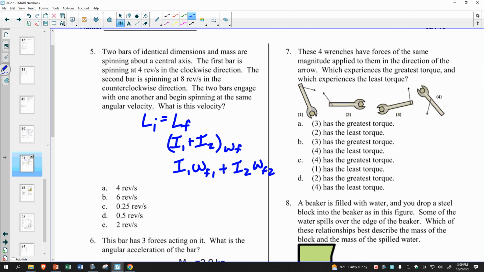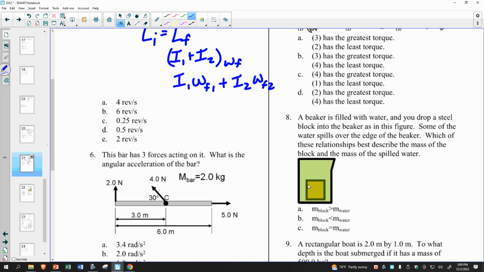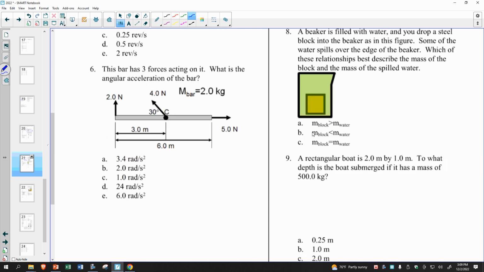Physically, in this problem the two things stick together and rotate at the same rate, but if I don't have them rotate at the same rate, they can have different omegas. That's not a great example, that doesn't usually happen. But number 7, I could give you a different figure and ask you to rank the torques or tell me the largest or smallest.